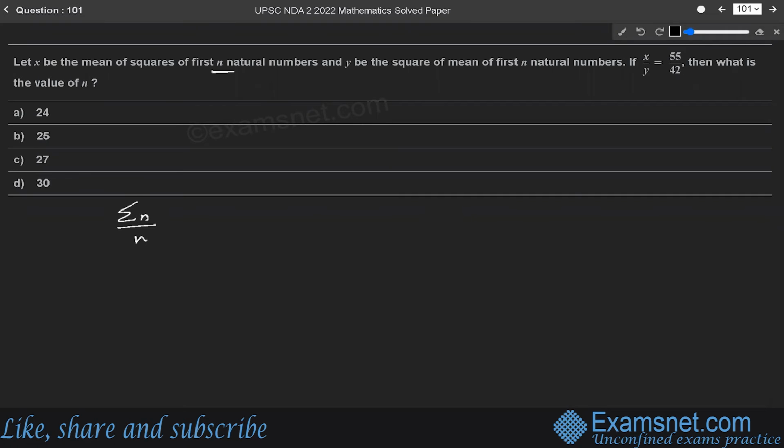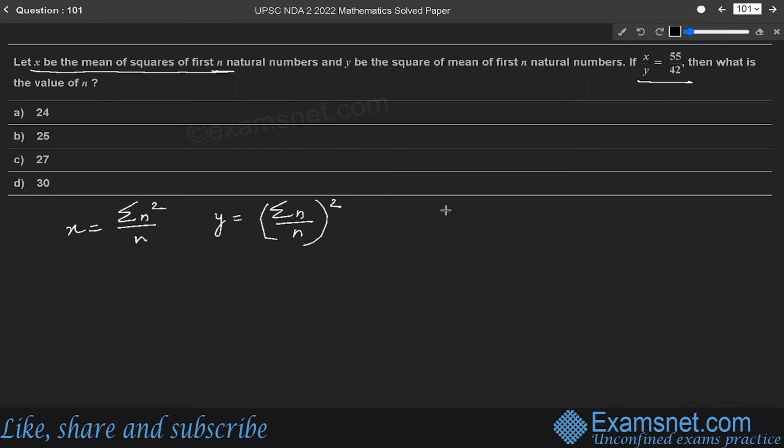And here x is the mean of squares of first n natural numbers, and y is equal to the square of the mean. We know that mean is summation n upon n. Y is the square of the mean. If x by y is 55 by 42, then what is the value of n?